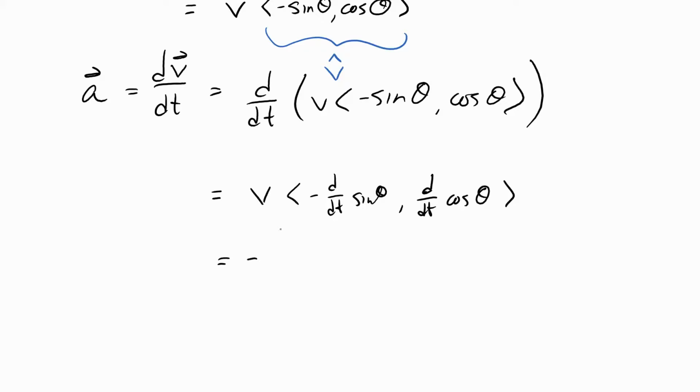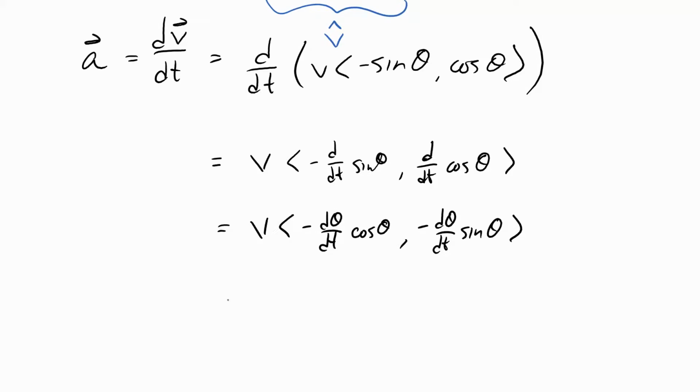I'm going to get minus d theta dt from the chain rule cos theta, then minus d theta dt sine theta, again from the chain rule. And so we have here minus v d theta dt cosine sine.